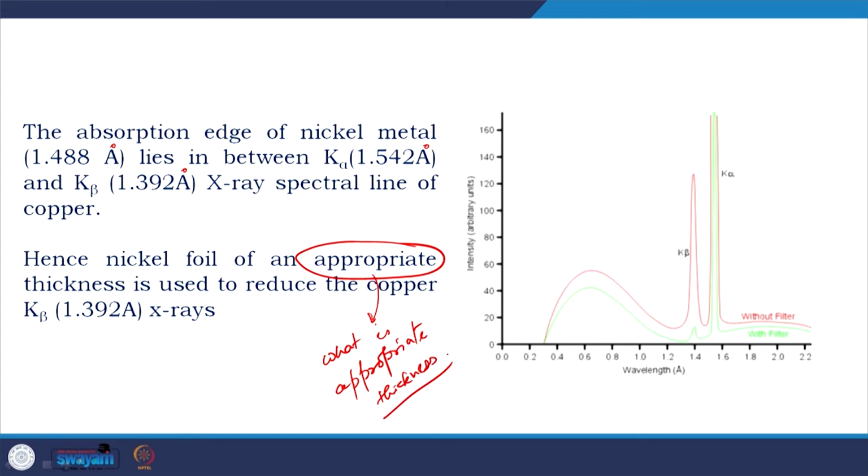If you see, without filter you have K alpha and K beta both, but with filter K beta is nearly not there. So, you only get K alpha. That is the beauty of using a nickel filter.